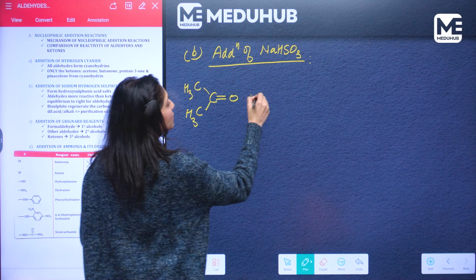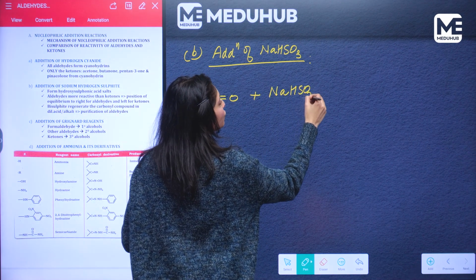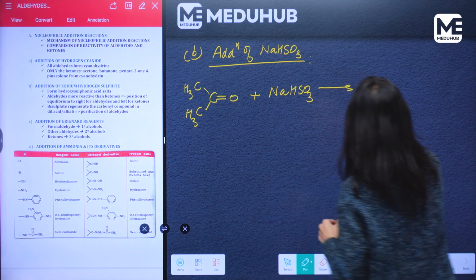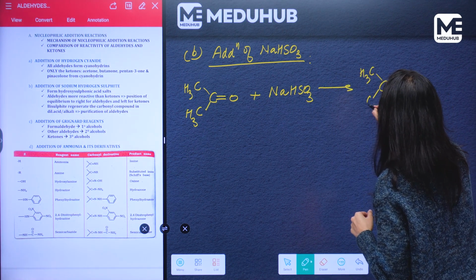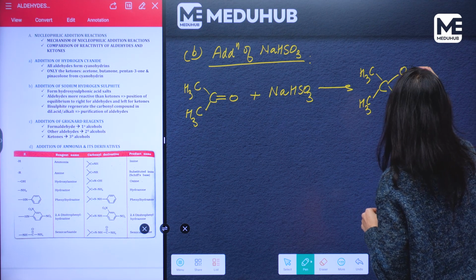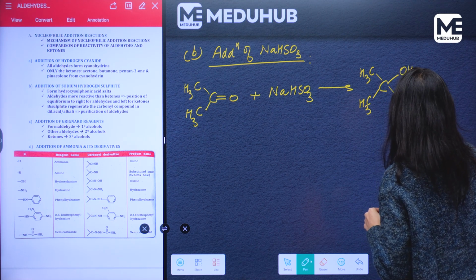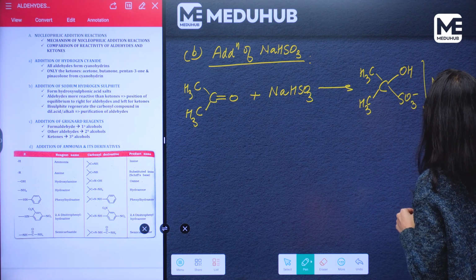We have acetone here. This will add on NaHSO3 to form a bisulfite compound, which is this.